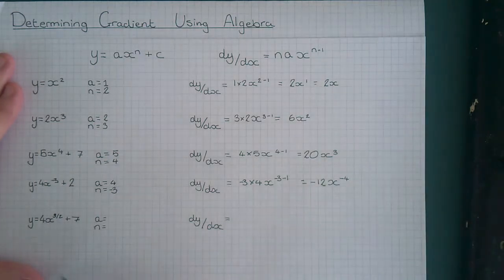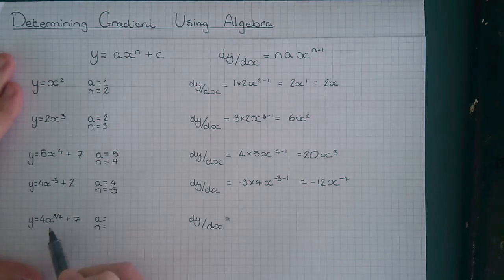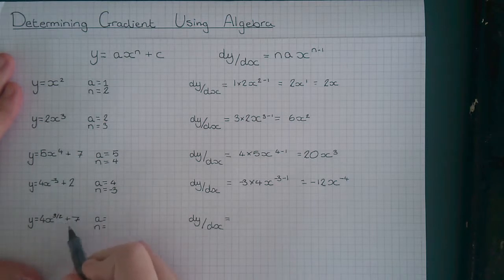Our final example is y equals 4x to the power of 3 over 2 plus 7. It's a fraction this time, our power, but that once again doesn't make any difference, you just do it exactly the same way.